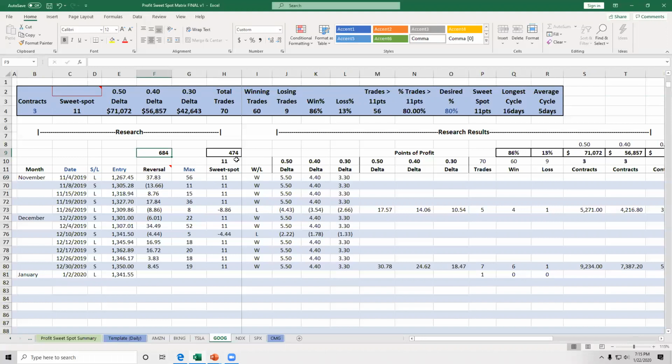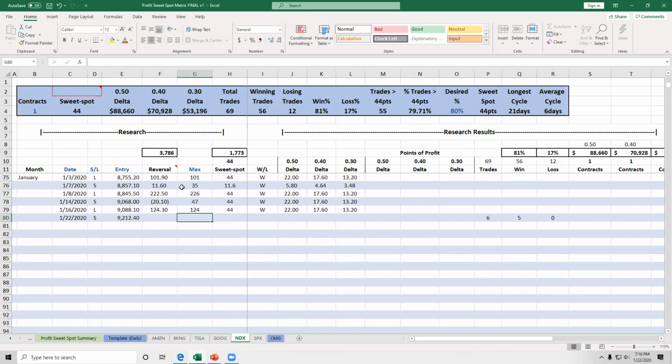The 474 is based on the sweet spot. So if you had used an 80% win rate and an 11-point sweet spot, you would have accumulated 474 points. Let me magnify that a little bit. If you look at NDX, for example, the total accumulated points of profit since January of 2019 would be 3,786 points.